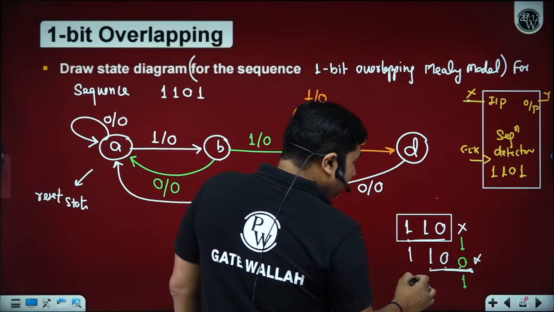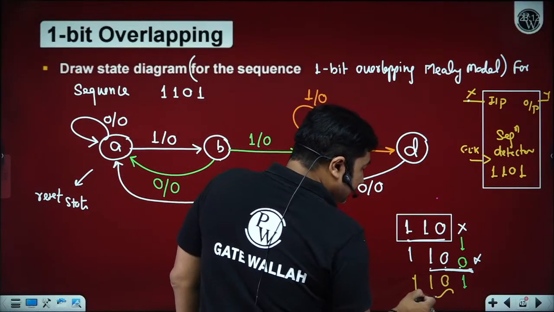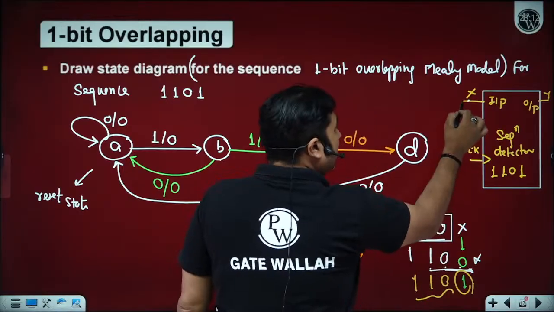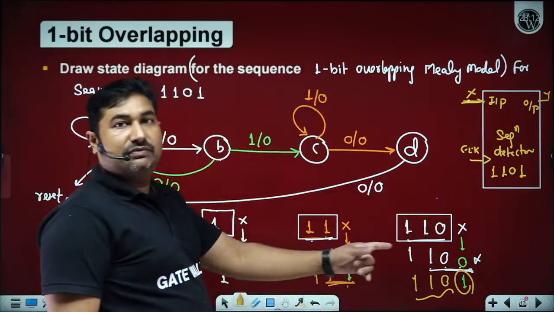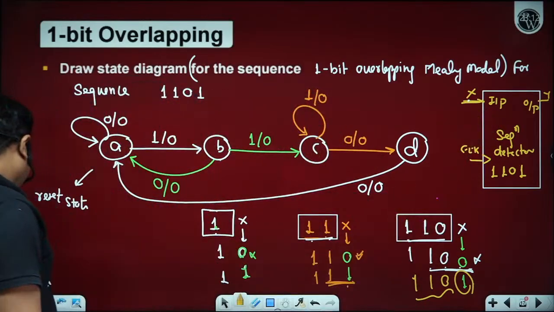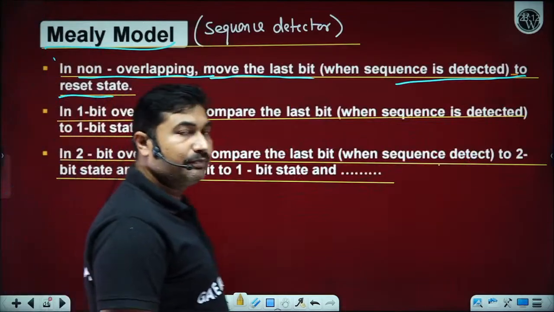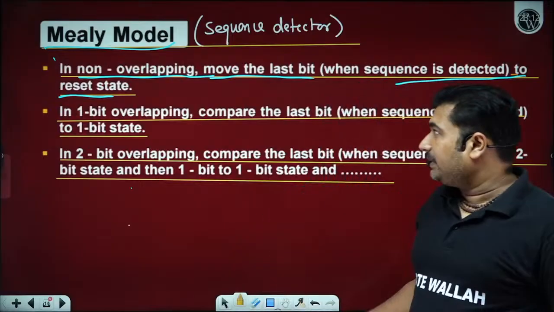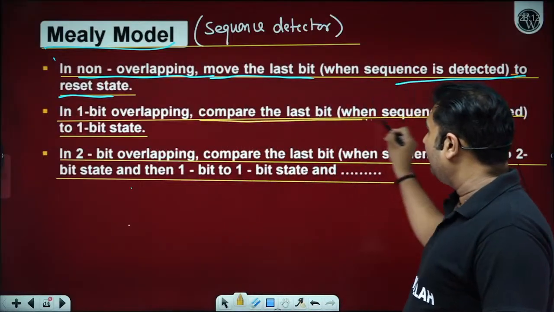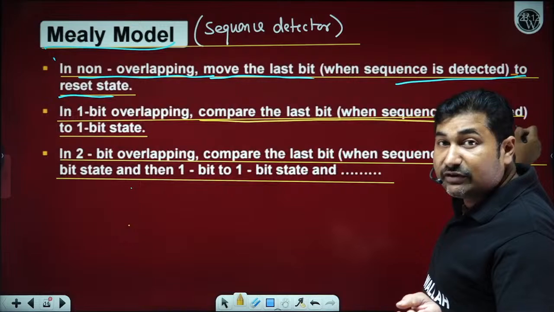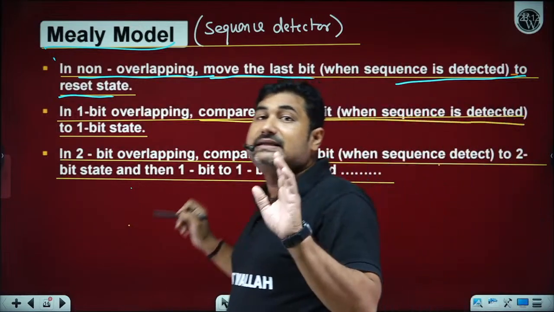If you observe here, already we are getting these, and if we get 1 at the input X, the entire set of sequence got detected. In case of a 1 bit overlap, please observe here. In case of a 1 bit overlap, you have to compare the last bit when the sequence got detected to the 1 bit state.